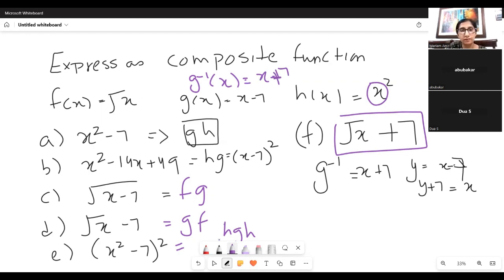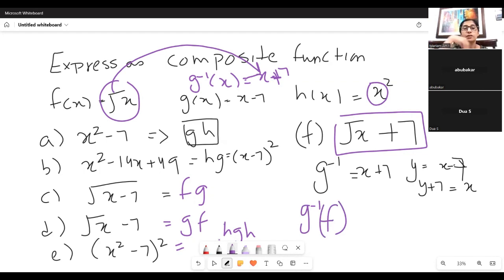Under root x plus 7. So this is going in this. So it is G inverse of f. F जा रहा है ना G inverse के अंदर, not the other way around. So the input function is f.